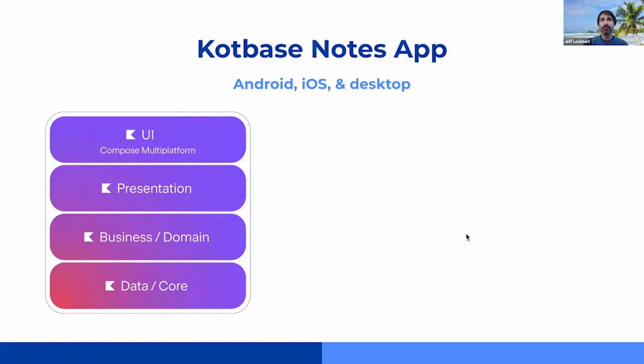Today, we're going to be looking at this sample application I built for Kotbase, which again uses Kotlin Multiplatform all the way to the UI. And the Kotbase library itself sits right down here in our data layer with the Couchbase Lite database. And like I mentioned before, this application will run on Android, iOS, and desktop natively.